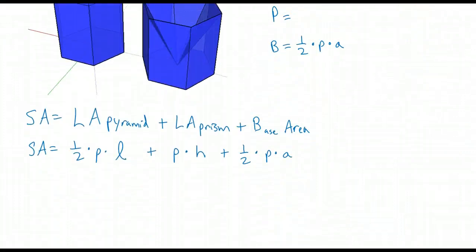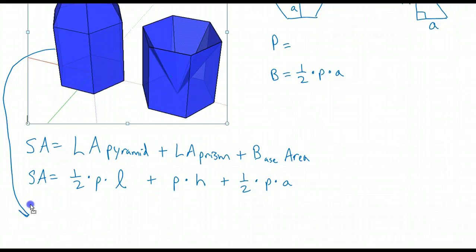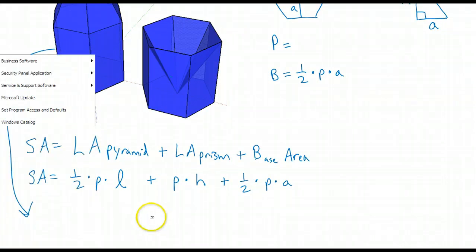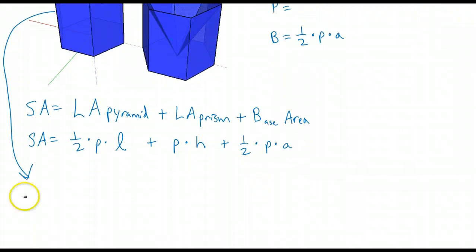So I'm going to have 2 different volumes. The first volume I want to figure out for this shape, where the prism is attached to the top of the pyramid. This volume is going to be the volume of my prism plus the volume of my pyramid.